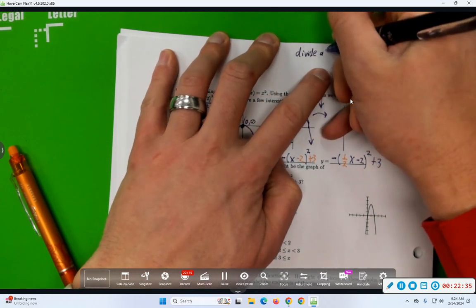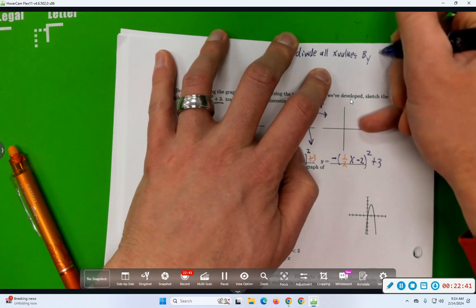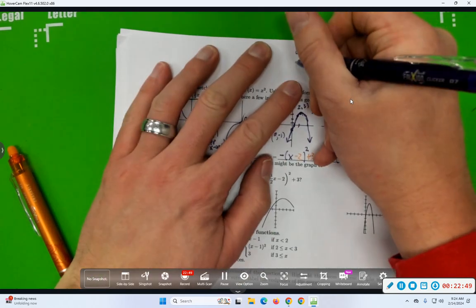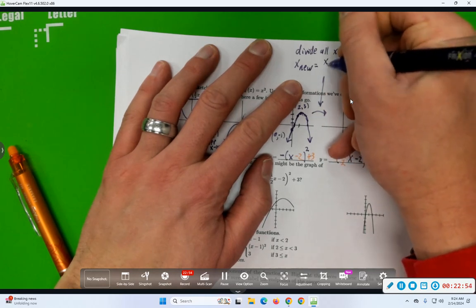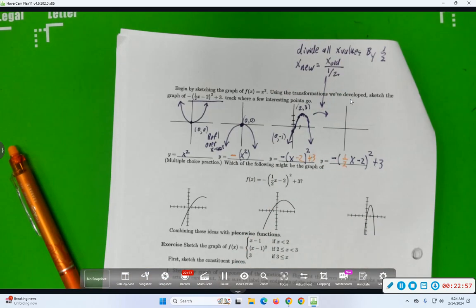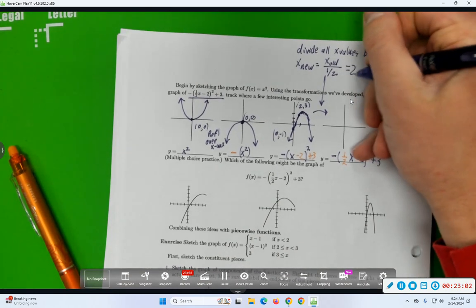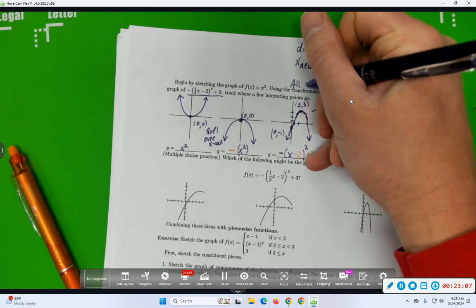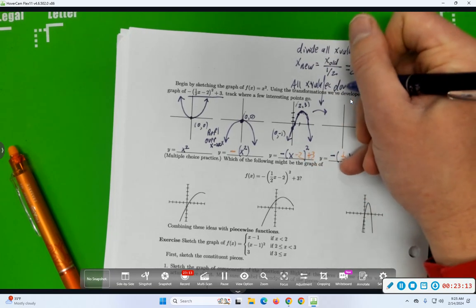Because that's a weird thing to say, I'm also going to write it symbolically: all the new x values will be the old x values divided by 1/2. What that really means is all x values double.